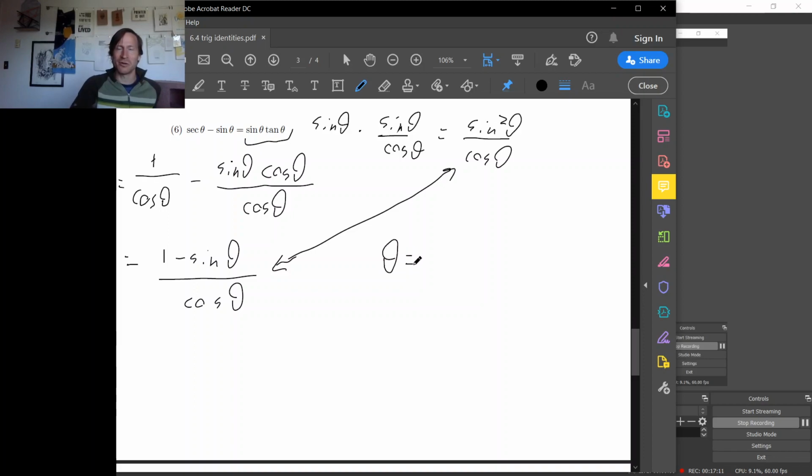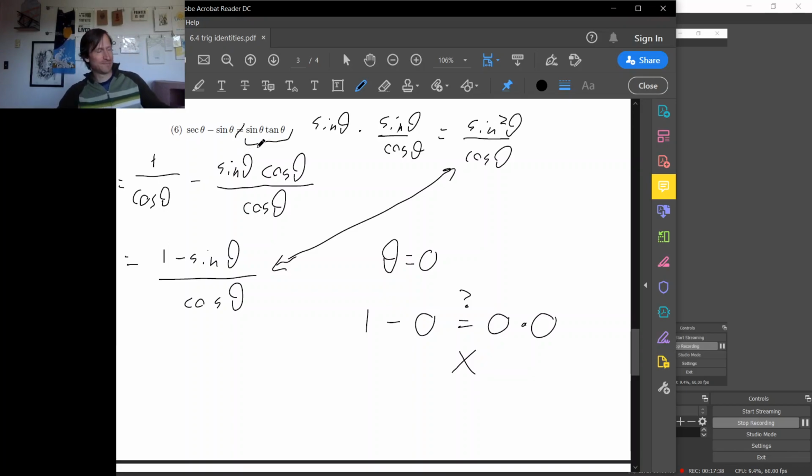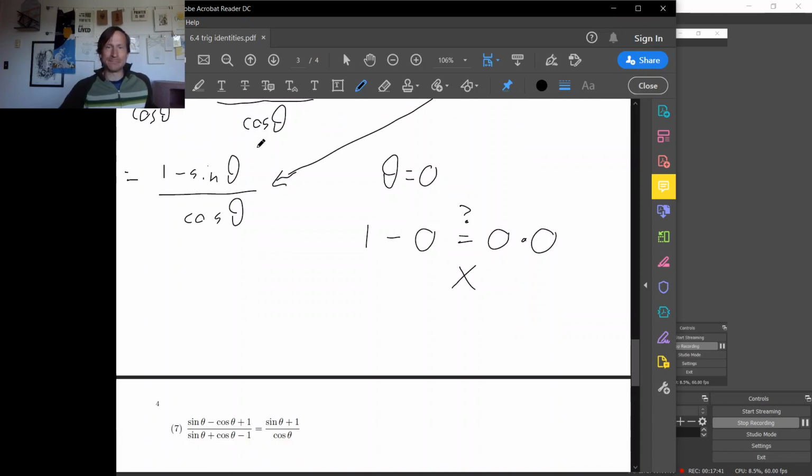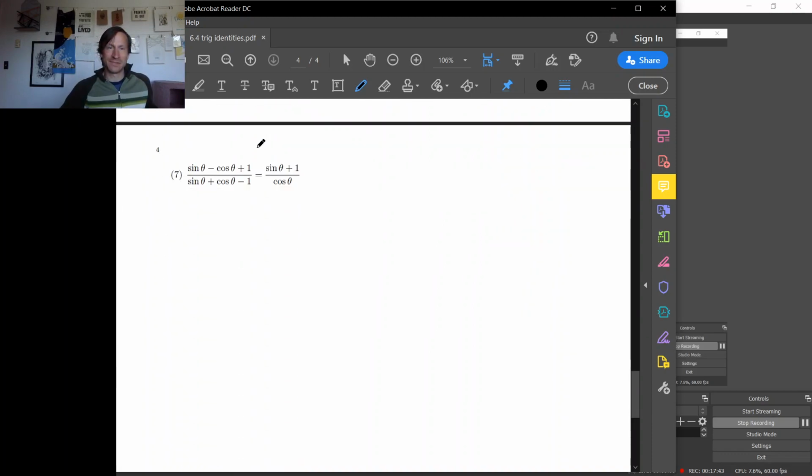How about theta equals 0? For theta equals 0 on the left-hand side, secant of 0 is 1 minus sine of 0 is 0. Now we are going to check if this is equal to the right-hand side. On the right-hand side, sine of 0 is 0, and tangent of 0 is also 0. So no, these aren't equal to each other. So this isn't a real identity. False.